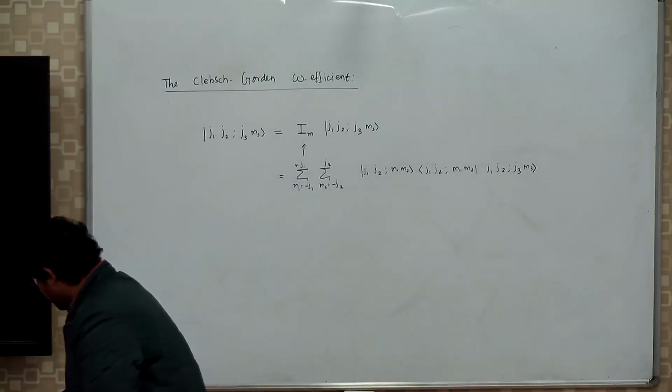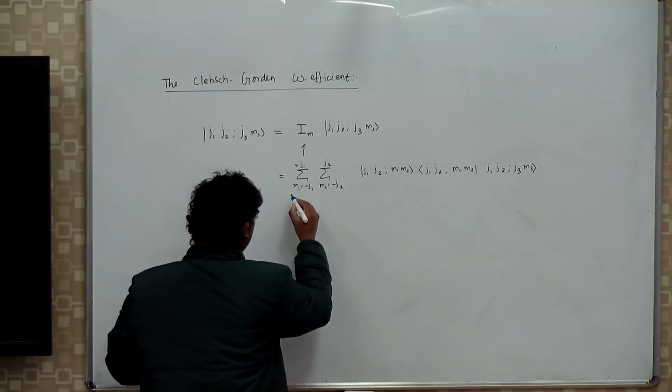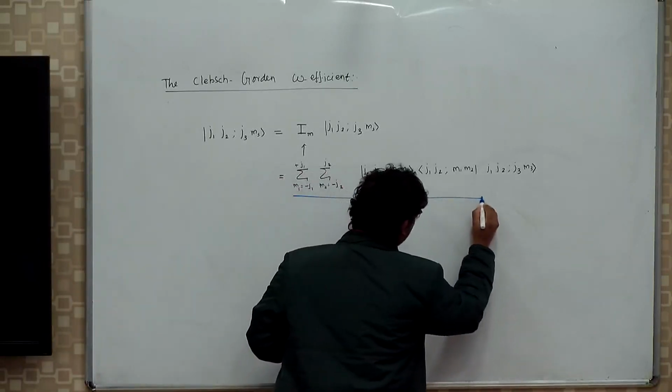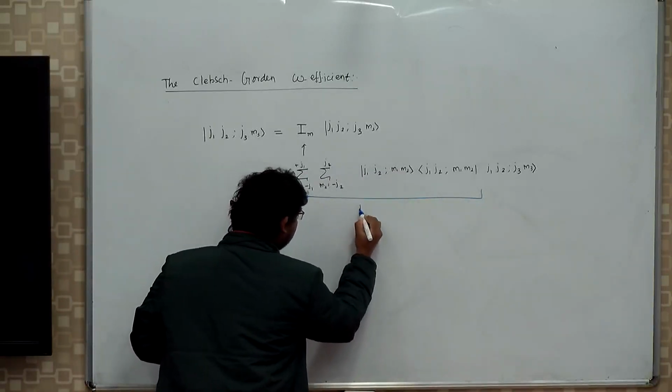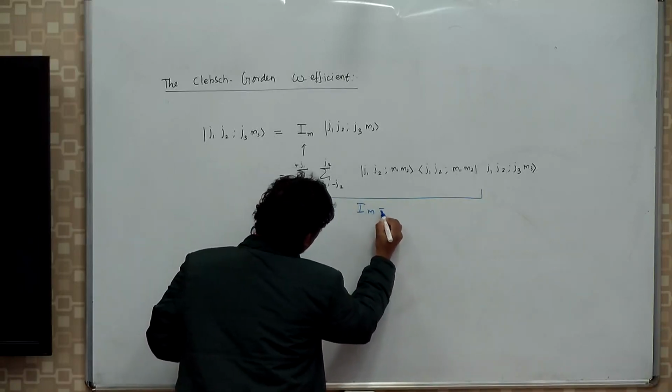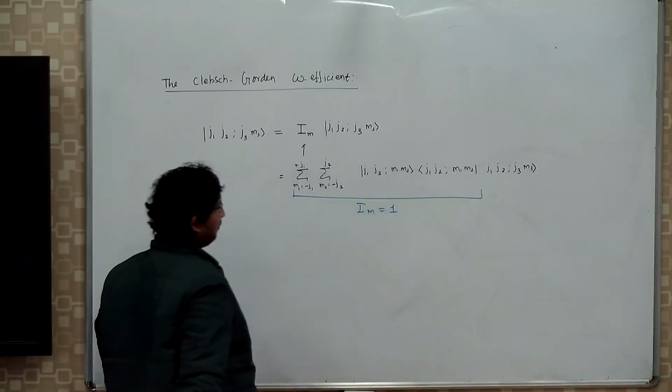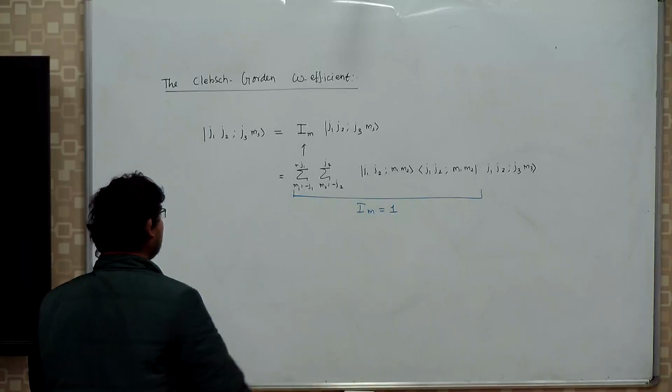So the value of the completeness relation written here is nothing but the identity, equal to 1. So there is no harm in inserting this one.